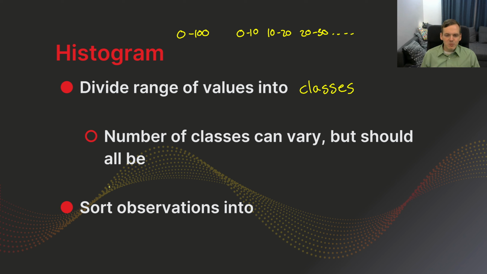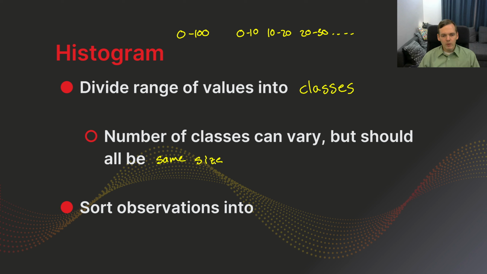You can have as many or as few classes as you want, but all of your classes should be the same size. I don't believe this is strictly required for it to be a histogram, but our brains are used to tracking things with the same size, and if you don't make them the same size, it isn't as useful.